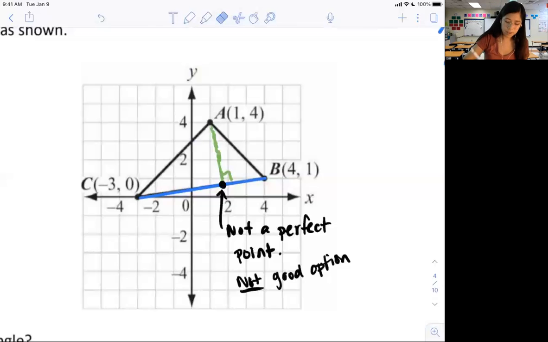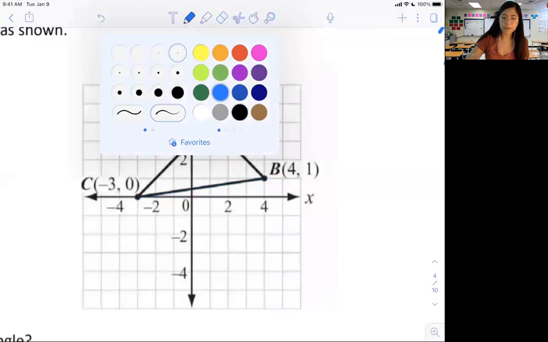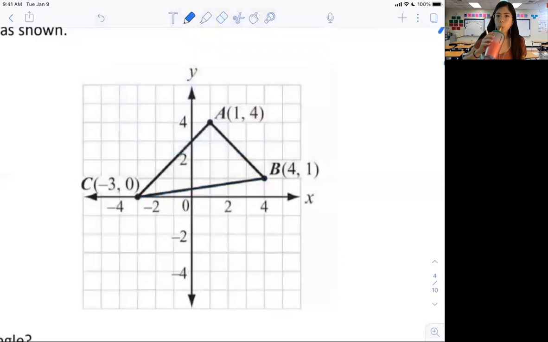Okay. So let's start again. Instead of CB, which other option could I make into my base? What about CA? Let's look at CA. If this is my base, where would my height be?